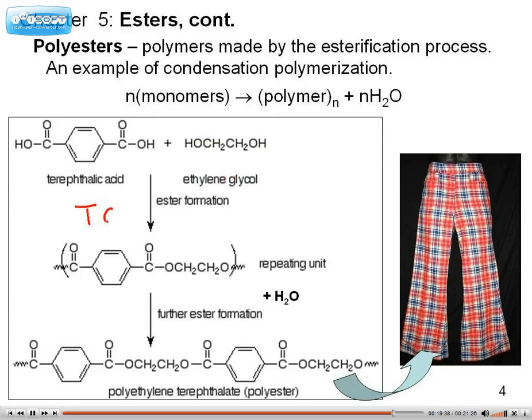So here I have the COOH, COOH. And then here I have the ethanol. Basically what's going to happen is you're going to have back-to-back esters that are forming. So in this case, this is going to come down here, and you'll have back-to-back esters.